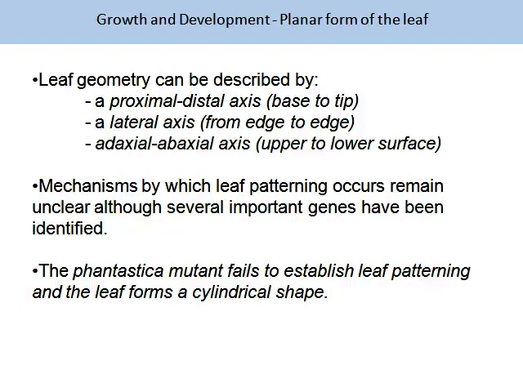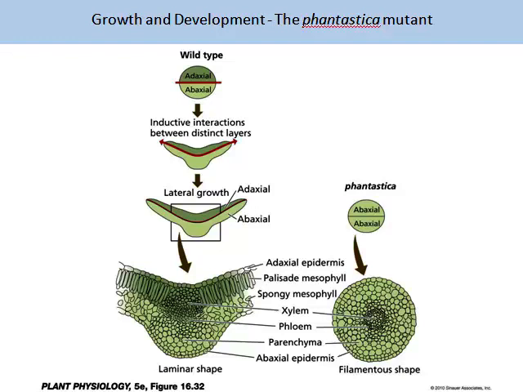The phantastica mutant fails to establish leaf patterning, and the leaf forms a cylindrical shape. Here we show a visual representation of this mutant. We start with the wild type that has both adaxial and abaxial.